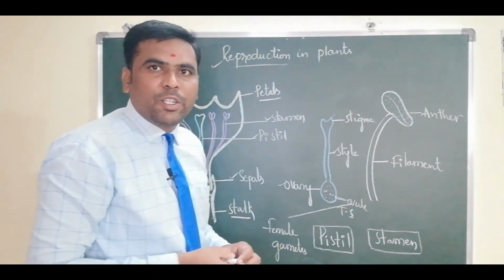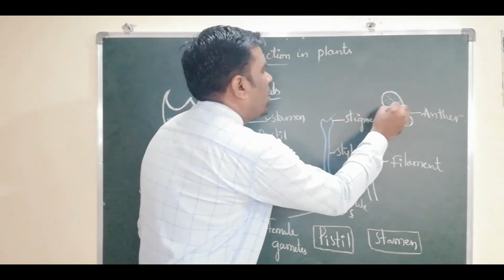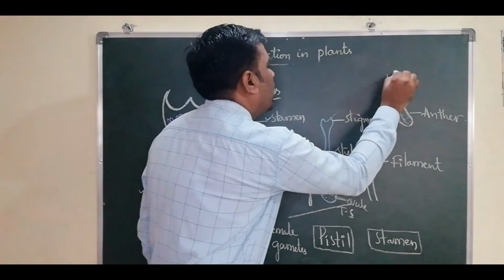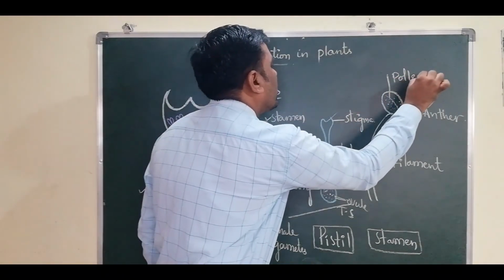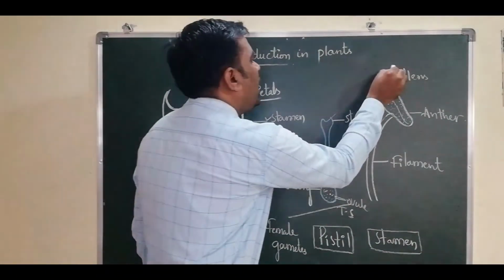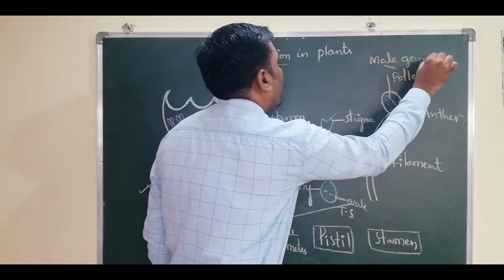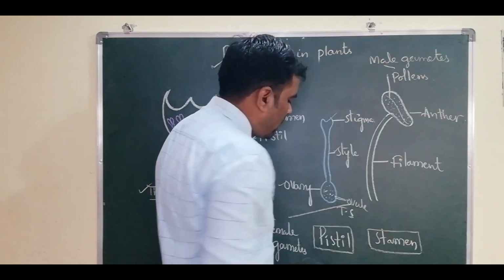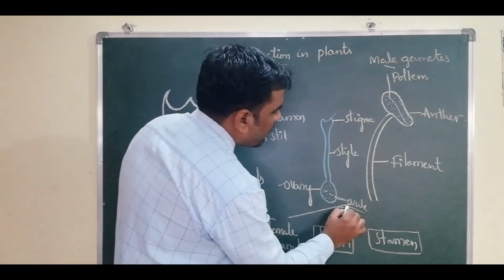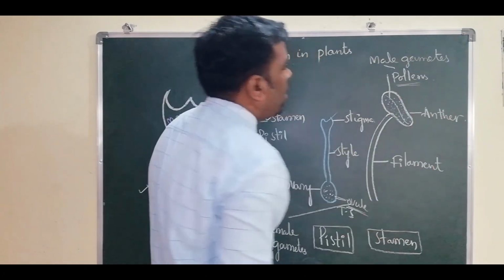When the anther matures, it produces thousands of powdery substances called pollens or pollen grains. These pollens are male gametes. What are the female gametes? Ovules. What are the male gametes? Pollens.